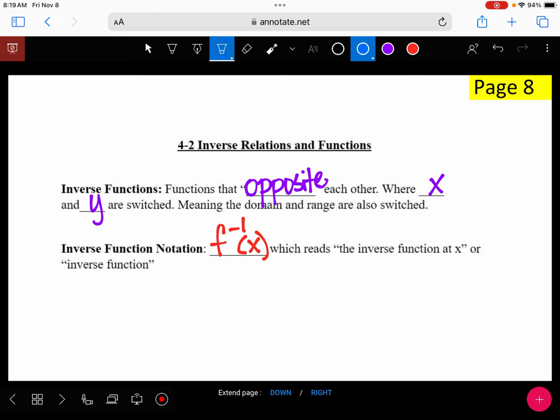An inverse is functions that are opposite each other, where x and y are switched, meaning the domain and range are also switched. The notation for inverse is f with a little -1 of x. So go ahead on page 8, fill in the blanks.